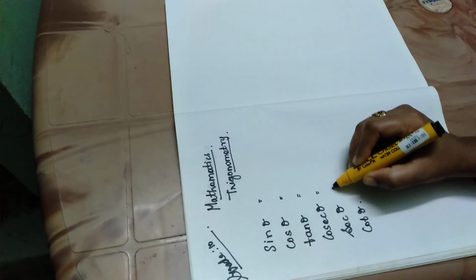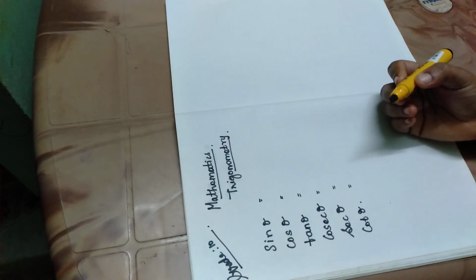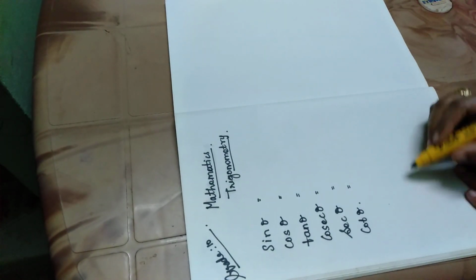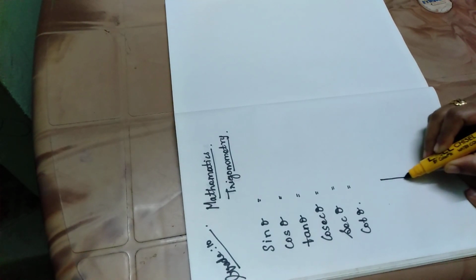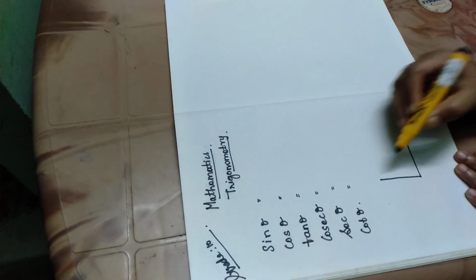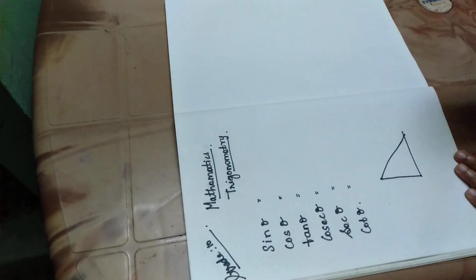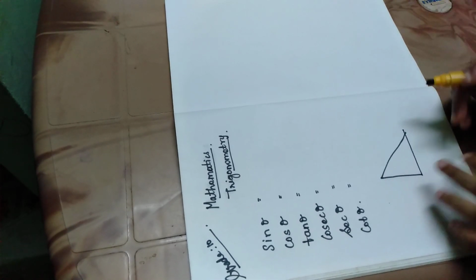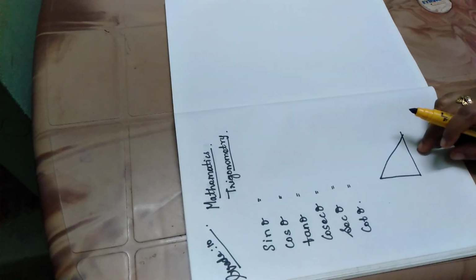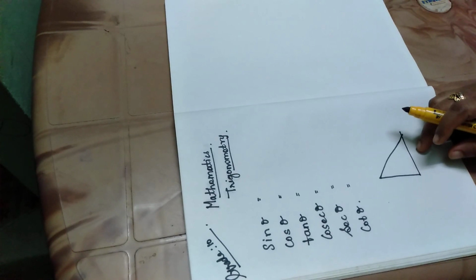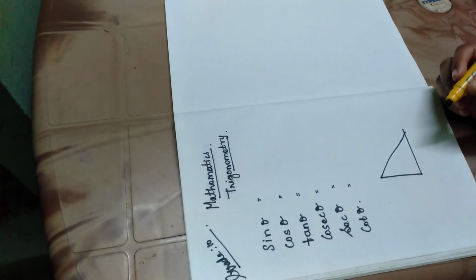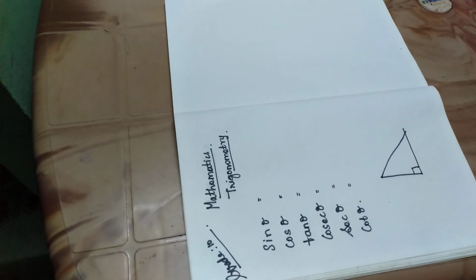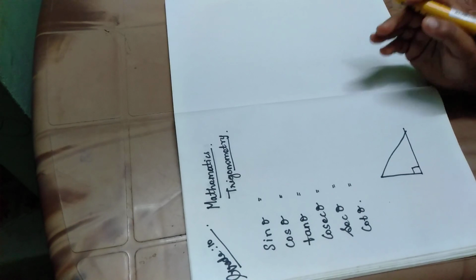Since childhood we were learning what sin theta means. There is a formula. Trigonometry means you will consider a triangle, whether that is a right angle triangle or any triangle. In a triangle there would be three sides. The biggest side is called the hypotenuse, and it is opposite the right angle.